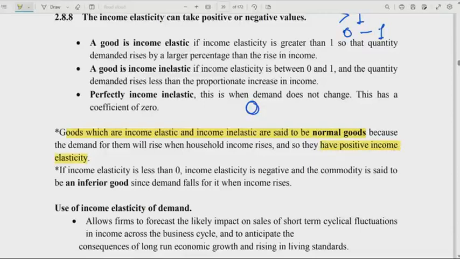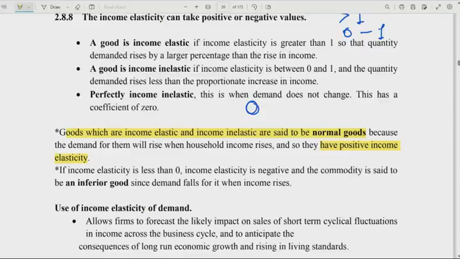It's a nature of goods, where the consumption of that good increases when a person's income increases. So if the good is income elastic or income inelastic, those are known as normal goods, and they have a positive figure. That one is said to be a normal good.